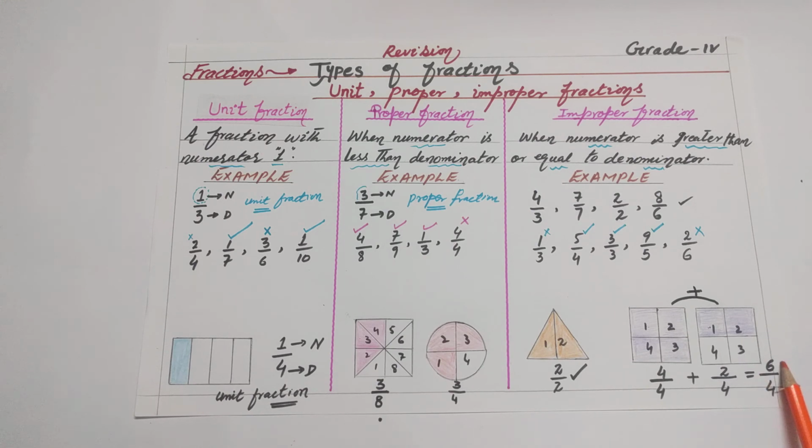That's why our numerator is now greater than the denominator. So 2 by 2 and 6 by 4 are both conditions for the improper fraction. Whenever you have to represent an improper fraction with the help of a diagram for the greater numerator, you have to use more than one whole in the fractional form.